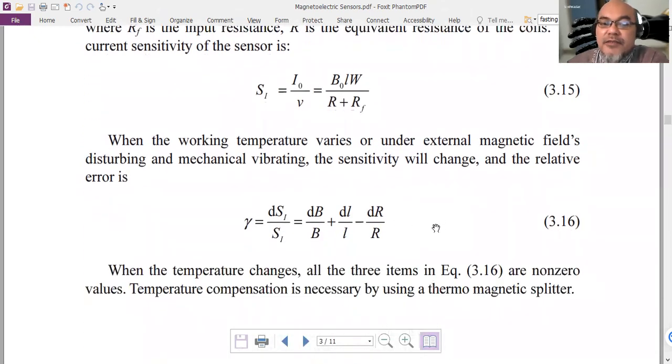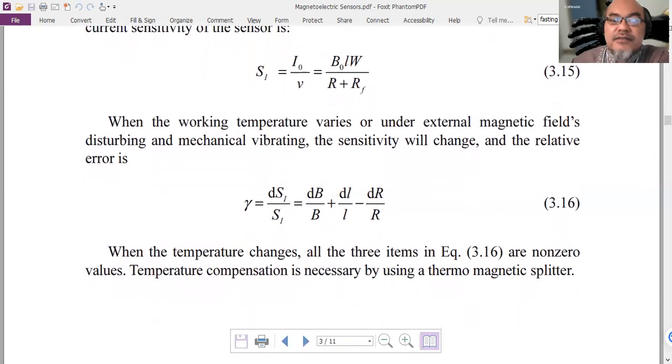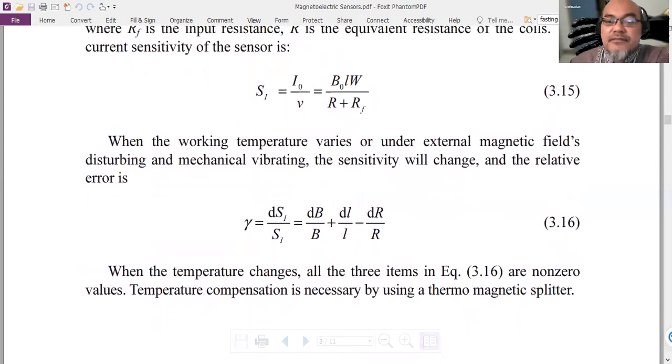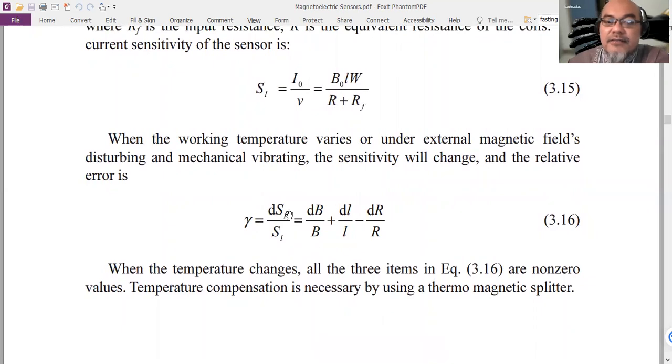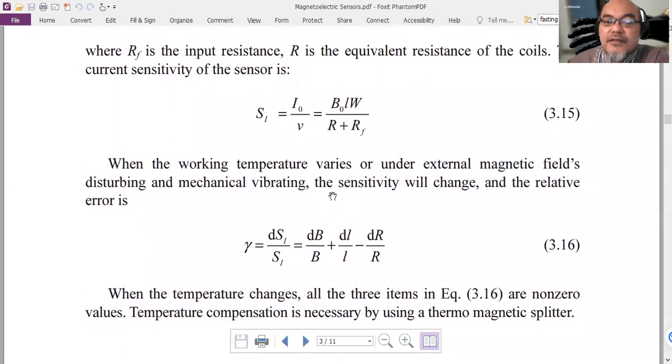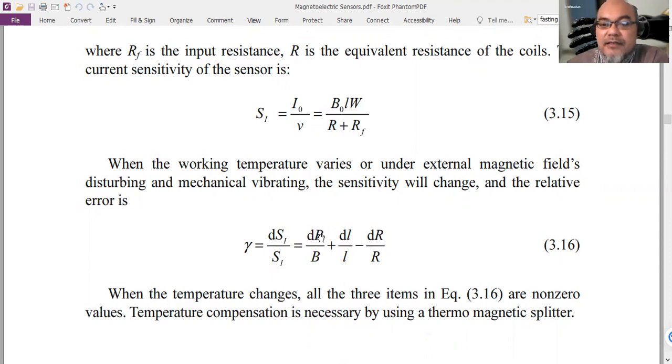When the working temperature varies, or under external magnetic field disturbance and mechanical vibration, the sensitivity will also change, and this is the relative error. This is due to what we can call a drift or sensitivity change due to the external magnetic field change, or, for example, mechanical disturbance, mechanical vibration at L here.